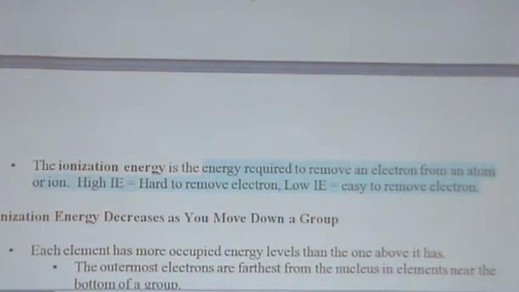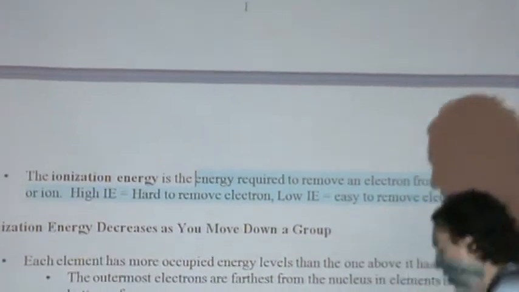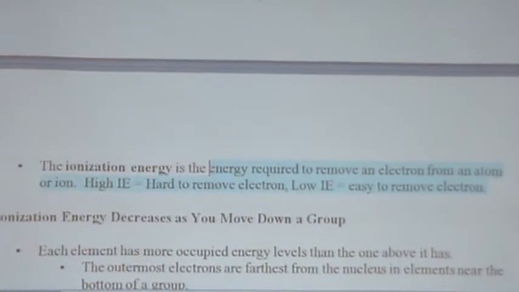So if it requires a lot of ionization energy to remove an electron, that makes it very difficult. High ionization energy means it is hard to remove an electron. Low ionization energy means it is easy to remove an electron.